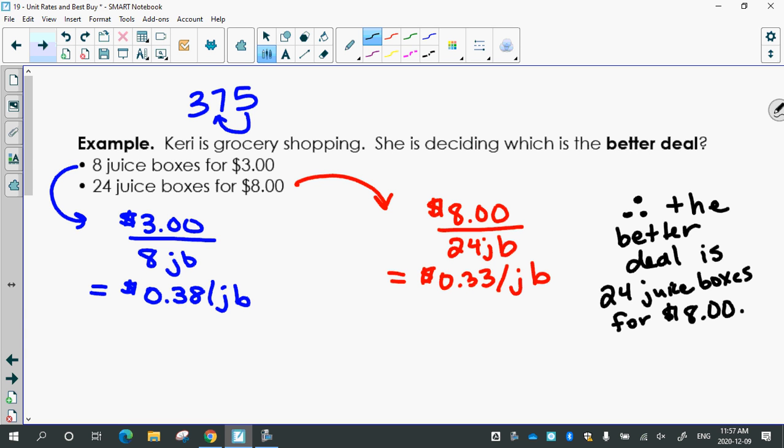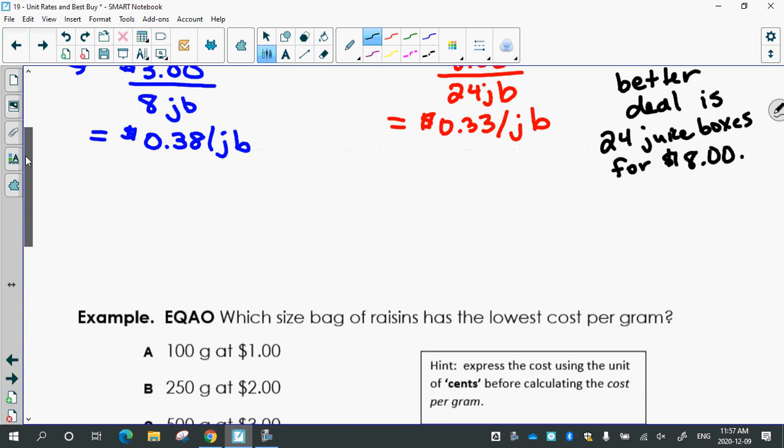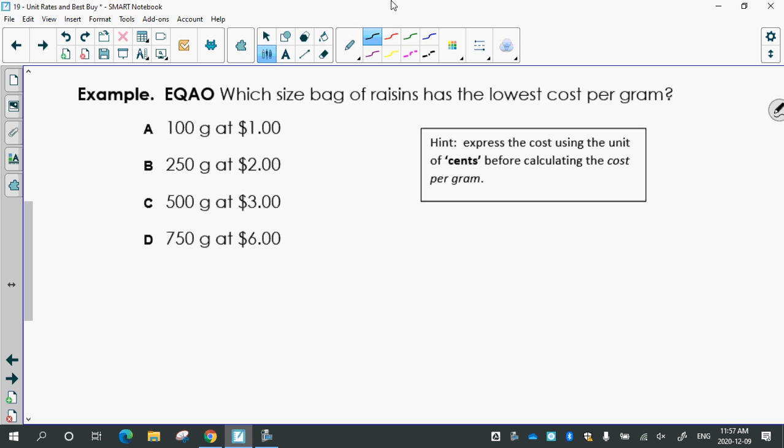The next question I just snipped right from EQAO. It's got a little hint on it. So in EQAO, sometimes they'll have what they call a hint box, and I recommend using their hints if they give you a hint box. So which size bag of raisins has the lowest cost per gram?